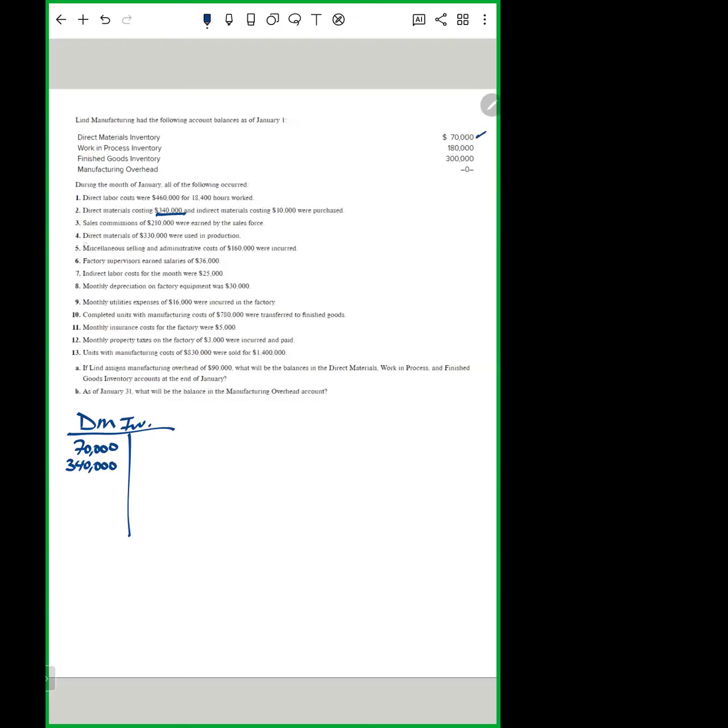And then it says direct materials of $330 were used in production. So if we say 330,000 goes out to production, then what's our ending balance? Well, 340 minus the 330, that looks like 80 will be our ending balance in direct materials.